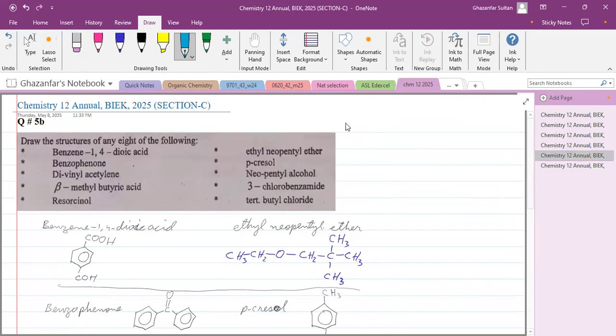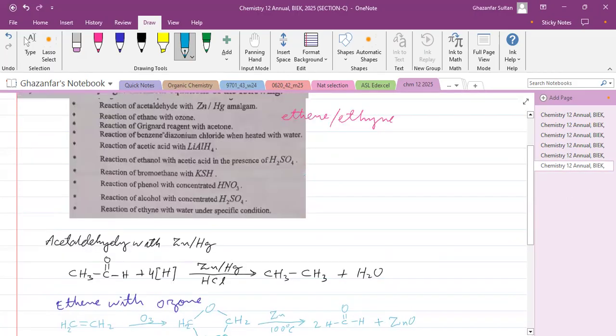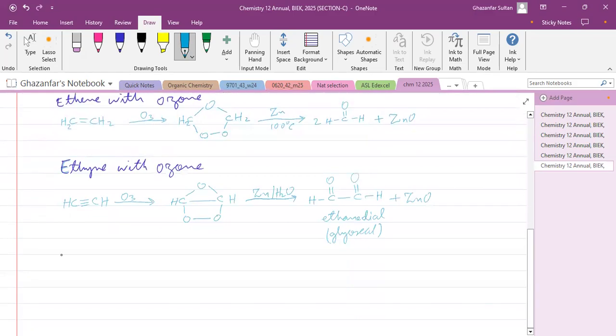So next one is the reaction of Grignard reagent with acetone. Again, they have not mentioned which Grignard reagent.